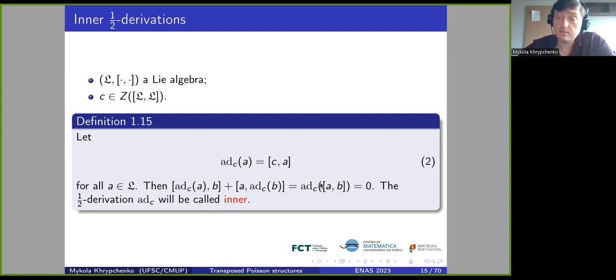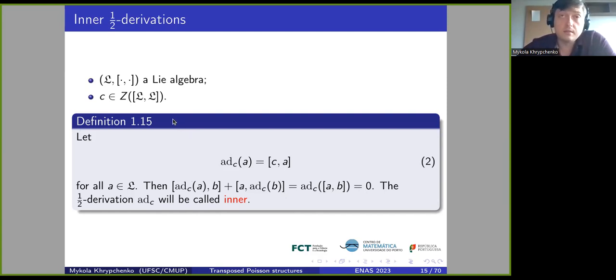And since we know that it's an inner derivation, the other side of the Leibniz identity will also be 0, multiplied by delta, arbitrary delta, will be 0. So this will give you, in fact, a delta derivation for any delta. In particular, it's a half derivation that will be called an inner half derivation.